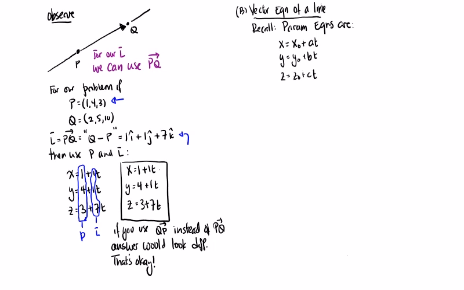So for the vector equation, all we're going to do is put these into a vector. I'm going to write this. The tradition is to write it as r of t. There's no reason to worry right now about why that is.